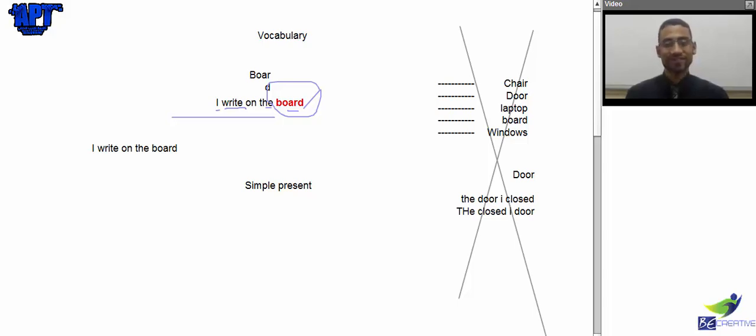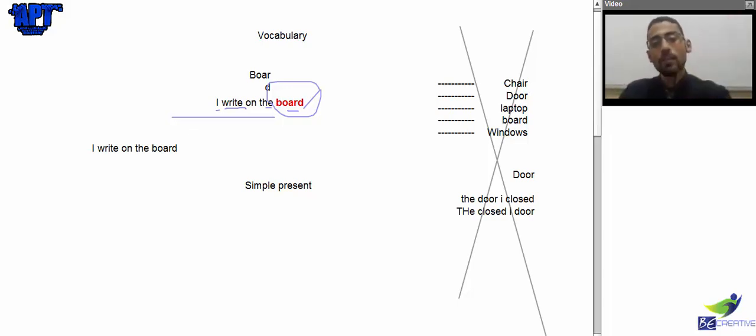So, simple present, one of the tenses, we all make mistakes with that. We all talk about the simple present as if it was something happening now. So, yes, it's happening now. Now, let's give an example.